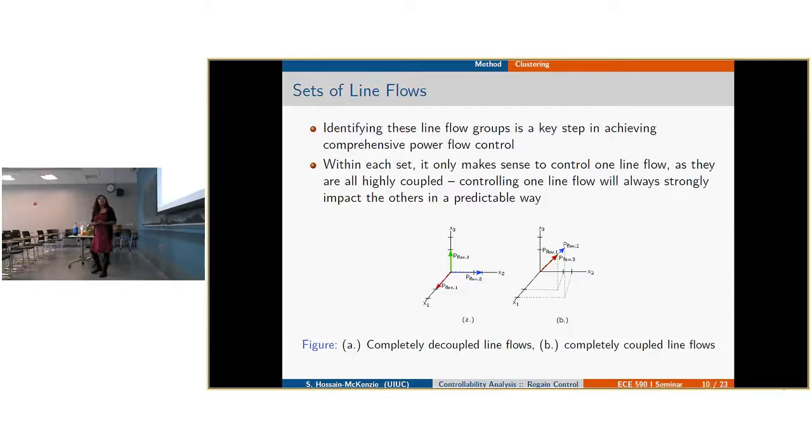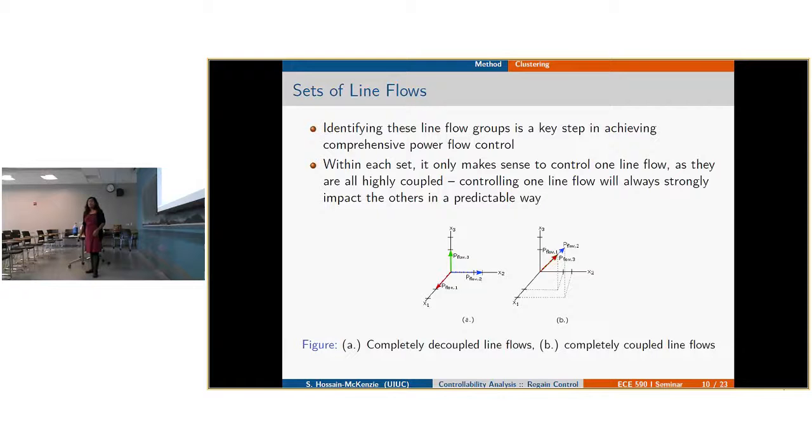So for identifying the sets of the line flow groups and the control support groups, we're going to cluster on the rows of the sensitivity matrix. Identifying those line flow groups, in the case of DFACTS controllers, which are trying to control line power flow, is crucial in comprehensive power flow control.